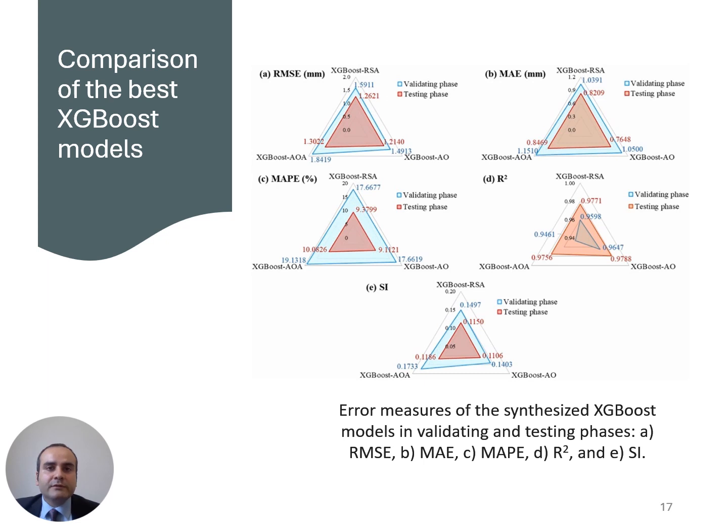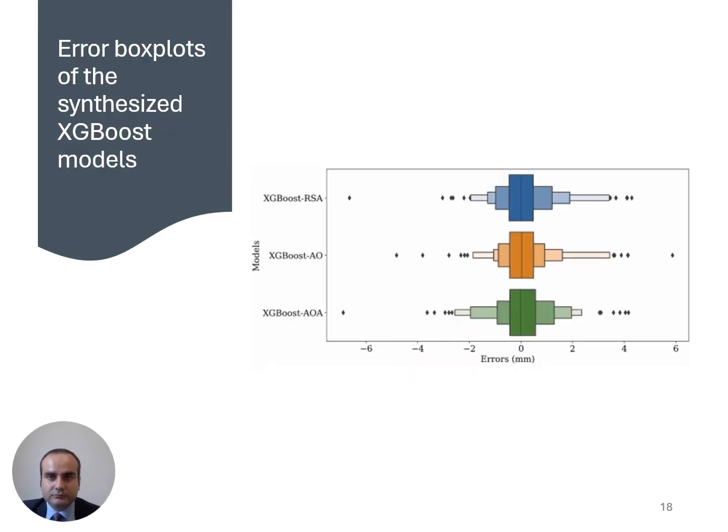The error measures of the best synthesized XGBoost models for the validating and testing phases are given in this figure. Generally, the best XGBoost Aquila optimizer model has the best rank, and the XGBoost reptile search algorithm and XGBoost arithmetic optimization algorithm models are in the second and third orders for both phases, respectively.